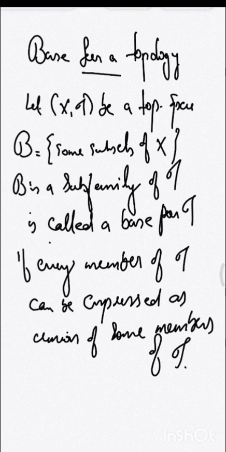Some collection of subsets of X, that is a subfamily of tau, is called a base for tau if every member of tau can be expressed as a union of some members of B.